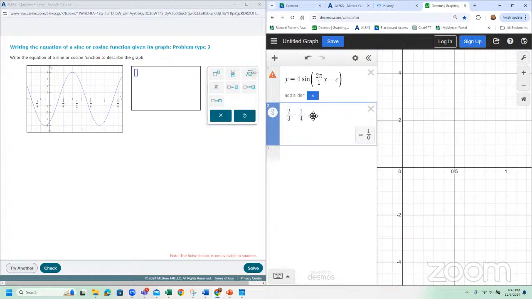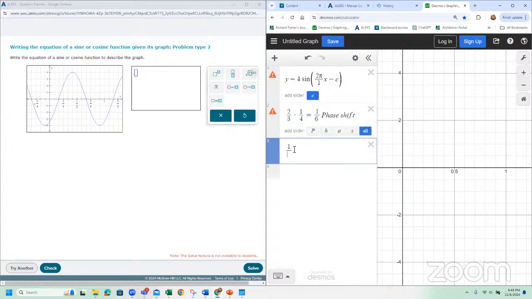That's the phase shift. Plus 1/6, and that's the phase shift. The phase shift is equal to, so 1/6 is the phase shift, is equal to minus C over B.